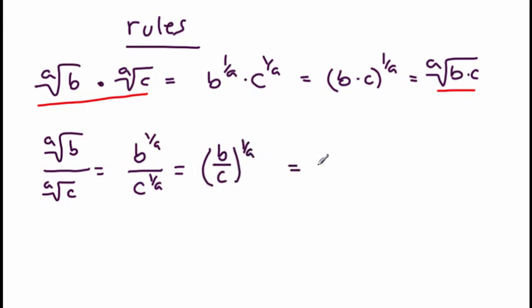Therefore that's going to be the 8th root of b over c. So again, when we have radical symbols with the same index, we can divide the radicands themselves. That's another nifty little rule.